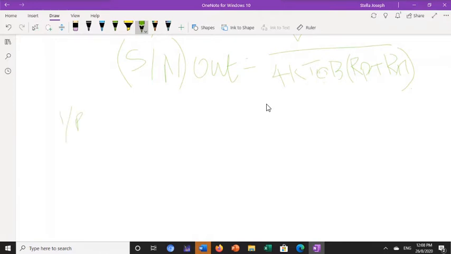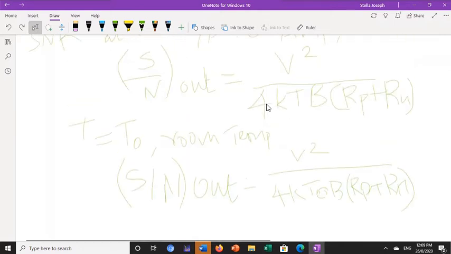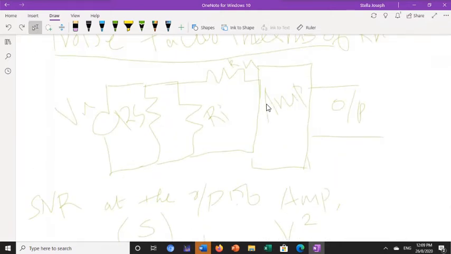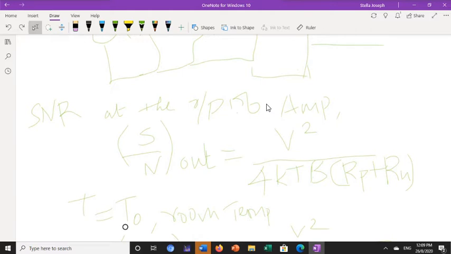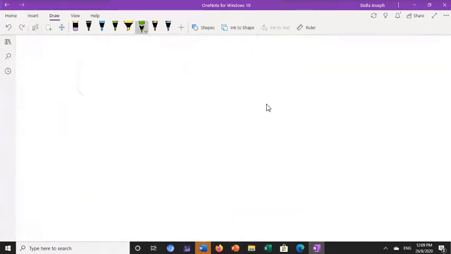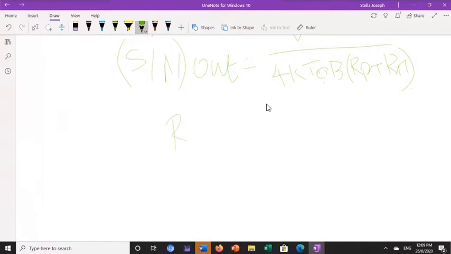In the diagram, Rs and Ri are connected in parallel with the noise resistance. So how can I write the equation? My Rp value is equal to Rs into Ri divided by Rs plus Ri, which is connected with the noise resistance. This is my output SNR.